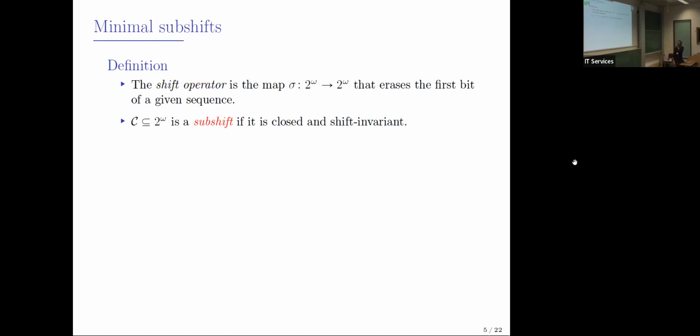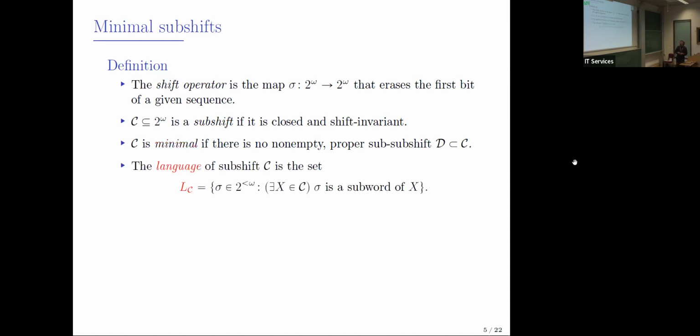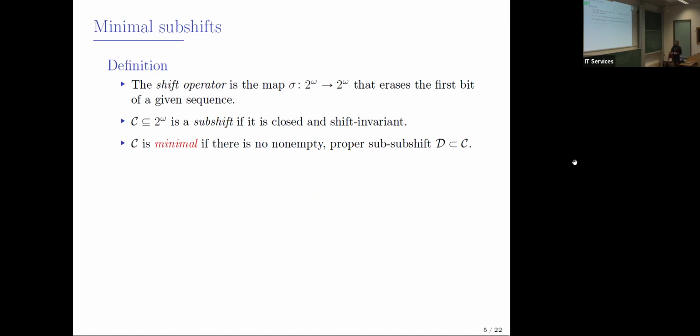And a subshift is a subset of 2 to the omega that is closed and shift invariant. A minimal subshift is a subshift such that there's no non-empty proper subshift. Okay, so these are nice. These are interesting objects.